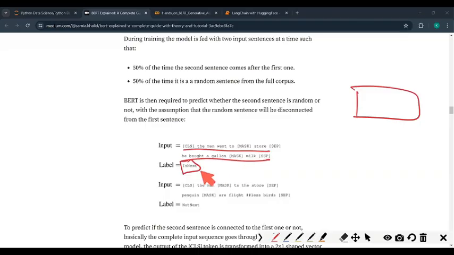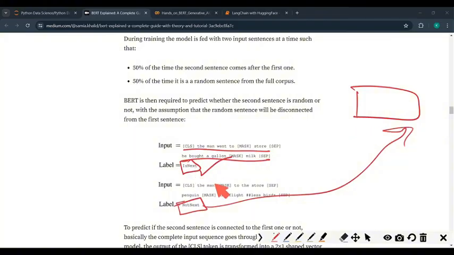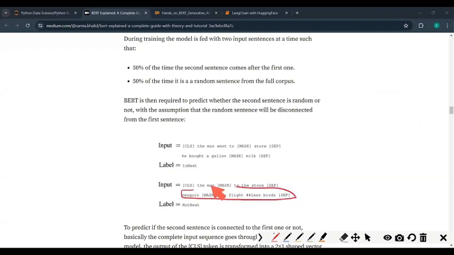If it is correct, then it is okay. If its prediction is wrong, then it will go here, match it, and see that no, my prediction is wrong. So it will try to correct itself. The second statement is not connected, so that is why it is saying not next. Because the second statement is not the next of the first one, that is why its answer is not next.